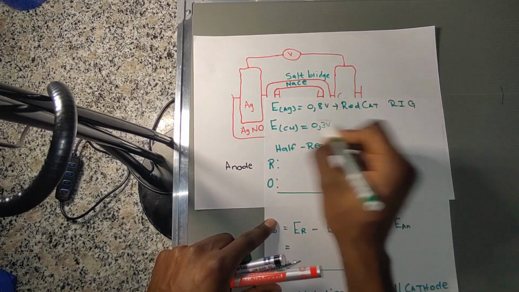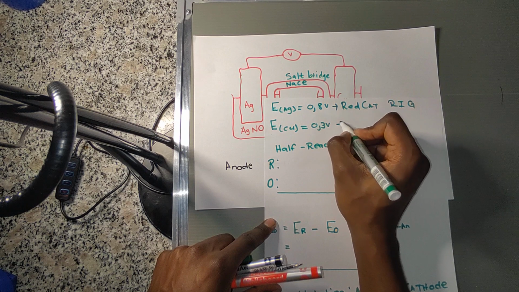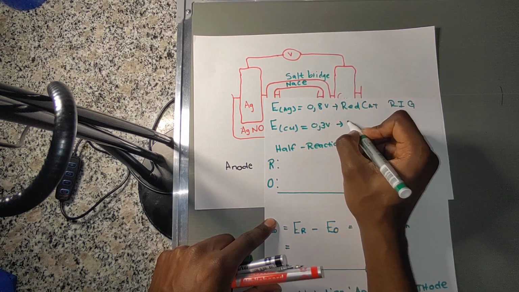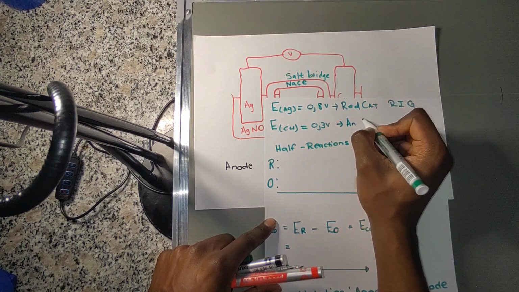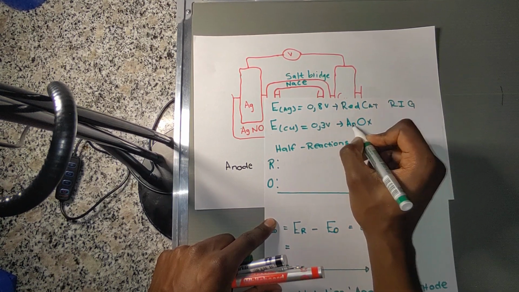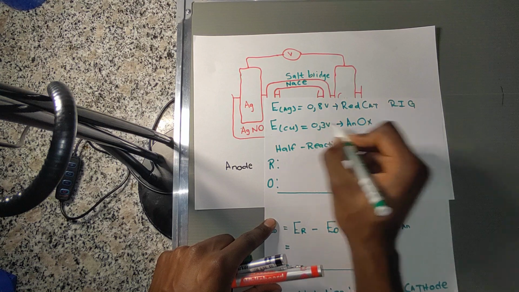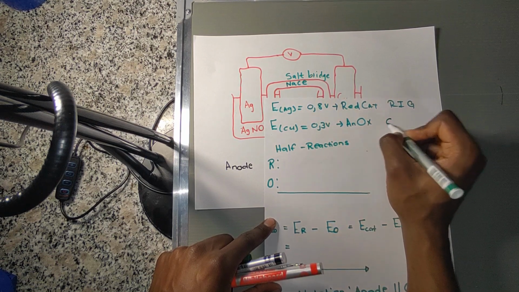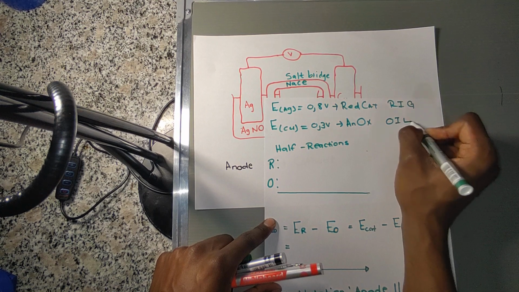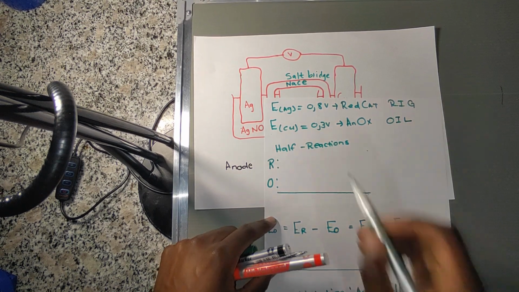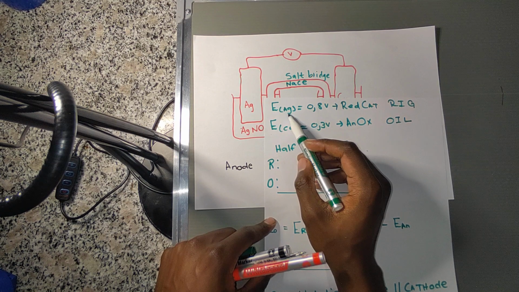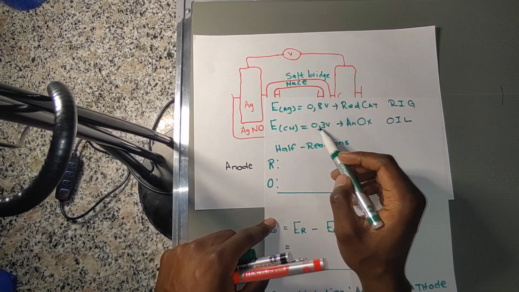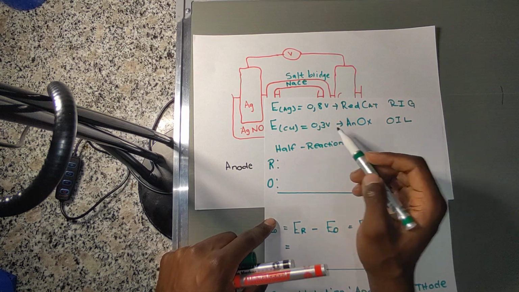So that means by default, the other one, which is smaller, will become oxidation. So I'm going to write an ox here, because the electrode that is under oxidation is called an anode. And I'm going to define oxidation as oil. Okay, so now we said this is undergoing reduction because it has a bigger standard potential, and this is undergoing oxidation because it has a smaller standard potential.